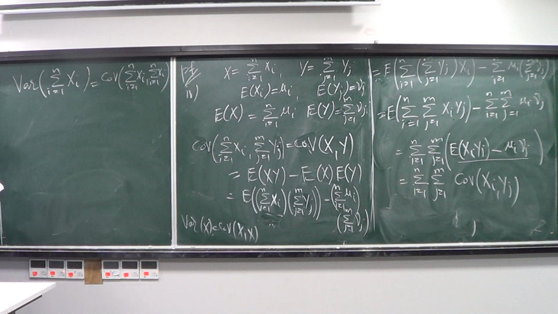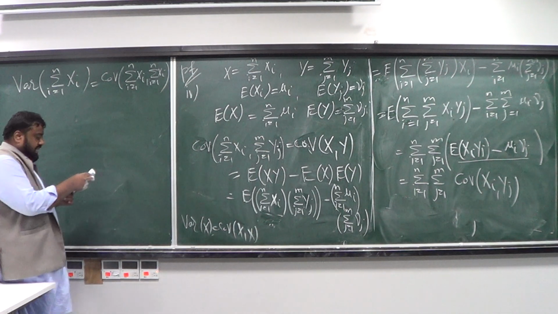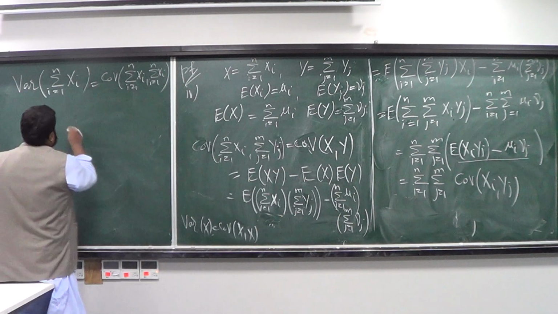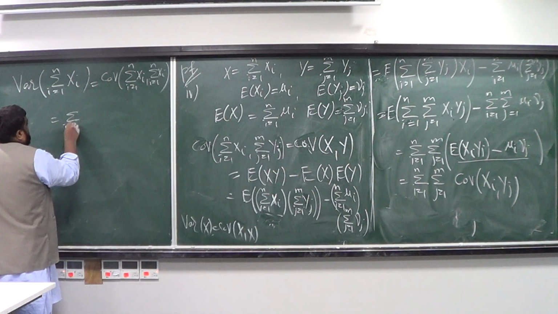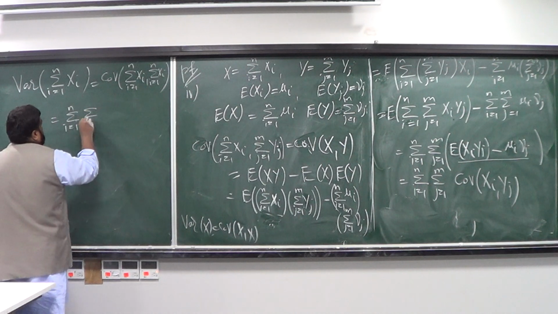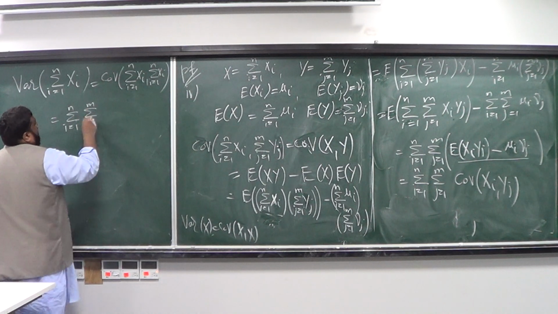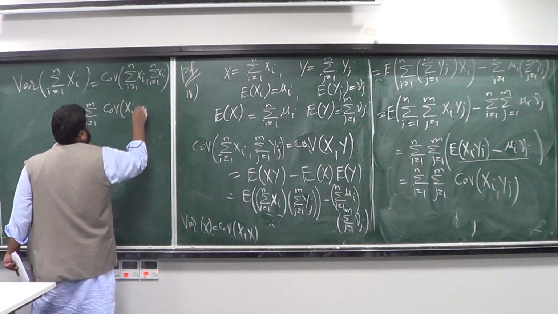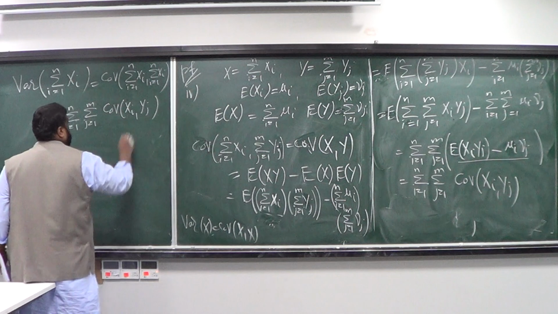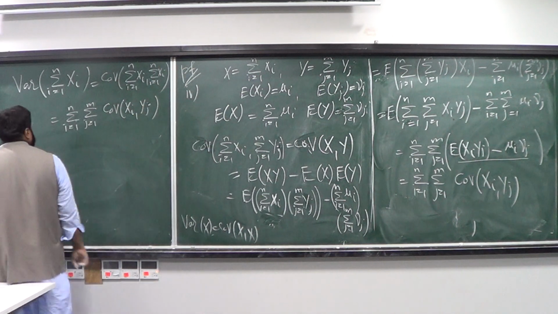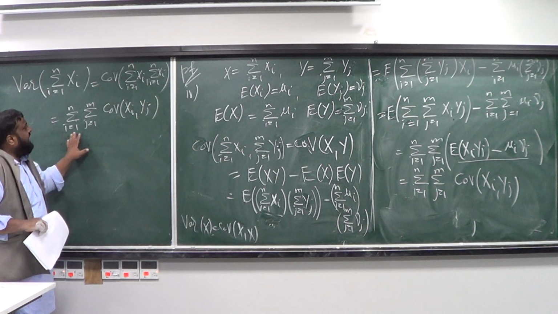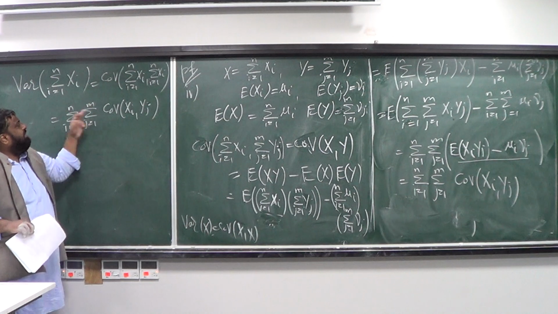Now this covariance, by this identity, can be written as a double sum that goes from i equal to 1 to n and j equal to 1 to m, of the covariance of xi, yj. So this is what you're going to get. Now n and m can be two different numbers.